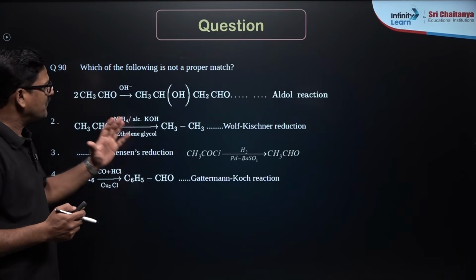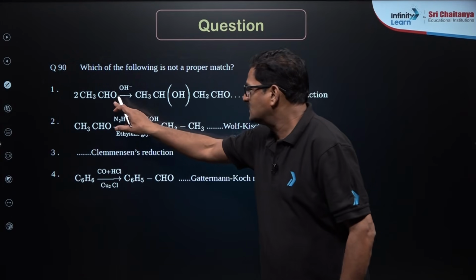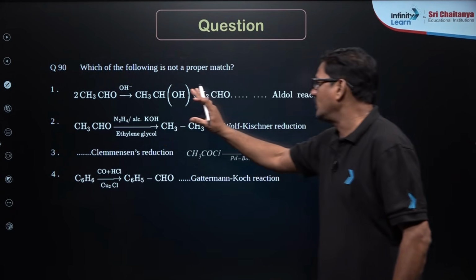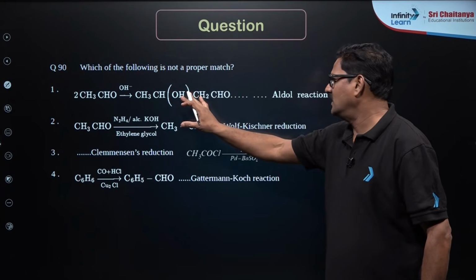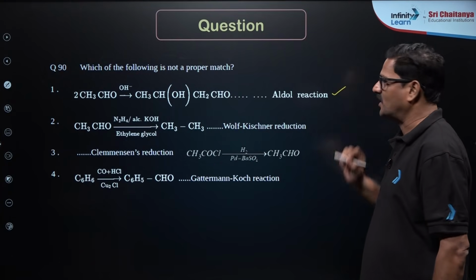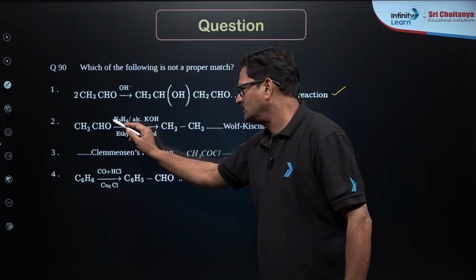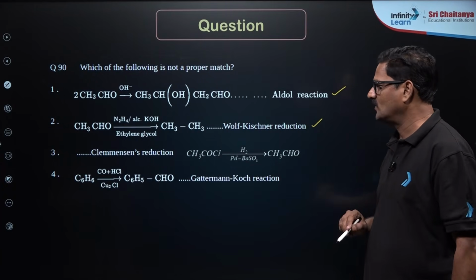Students, which of the following is not a proper match? Let us talk about this: aldehyde is treated with alkali, it is going to give rise to alpha hydroxy aldehyde, it is aldol reaction, correct. And N2H4, when carbonyl group is converted into alkane, Wolff-Kishner reduction.